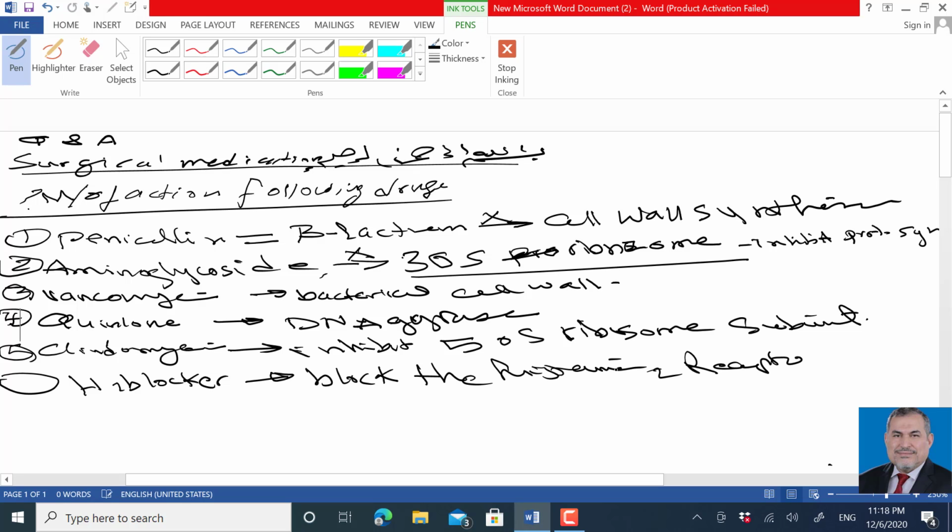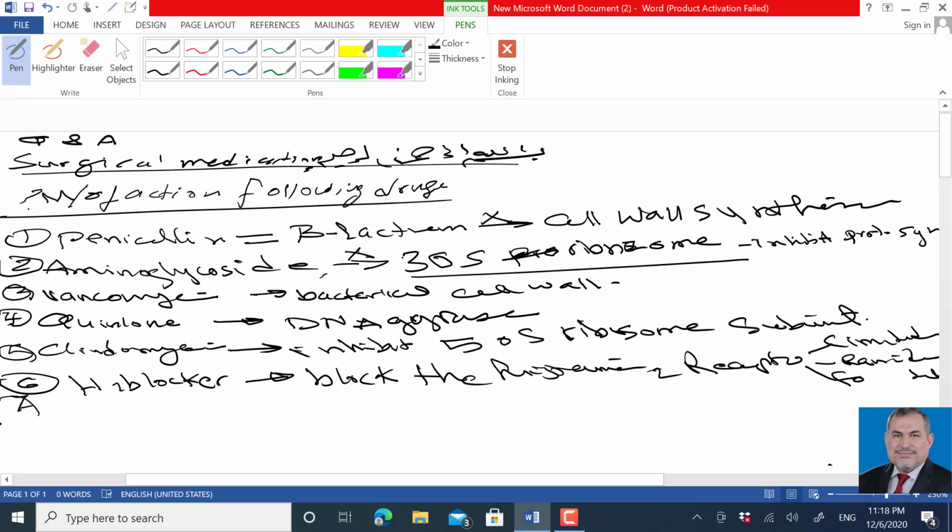Like cimetidine, ranitidine, famotidine. These are H2 blockers.